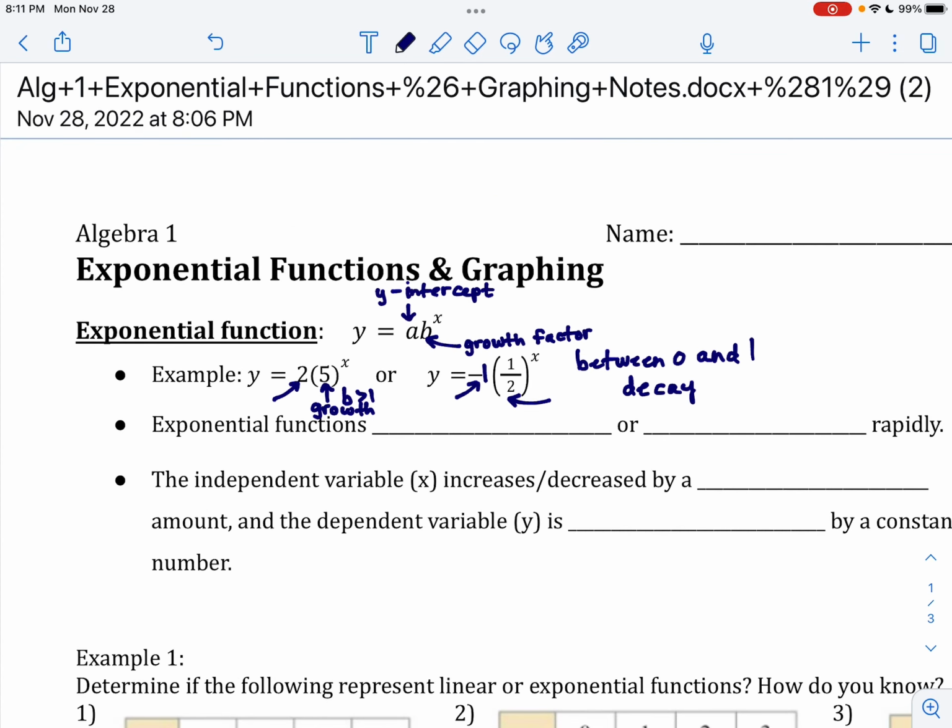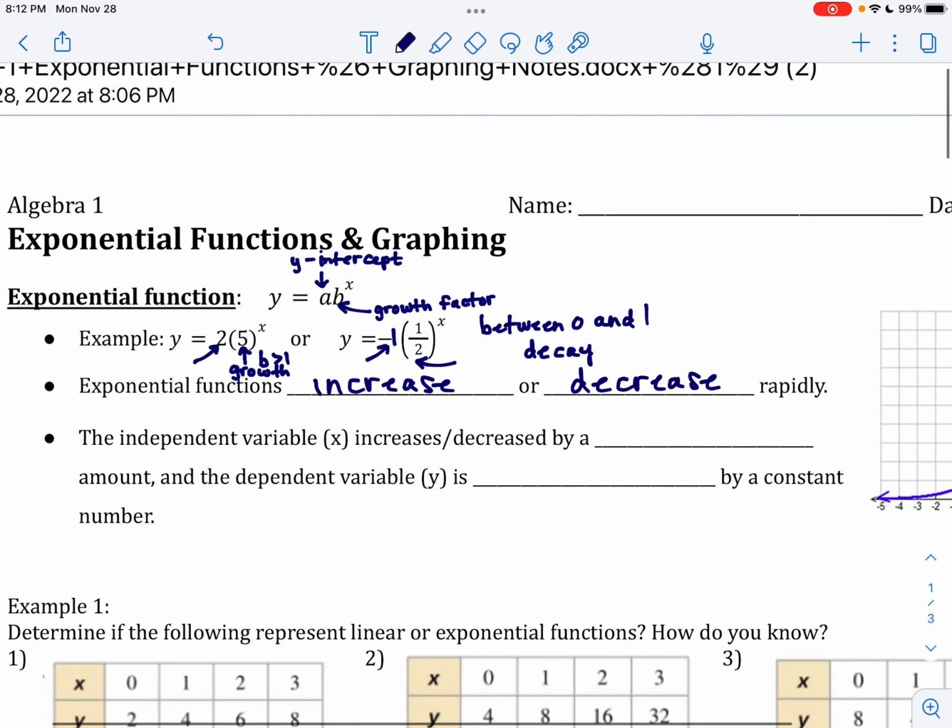Exponential functions increase or decrease rapidly. So when it increases, that's the growth. When it decreases rapidly, that's your decay. To determine if a function is linear or exponential, for the exponential, the independent variable x increases or decreases by a constant amount.